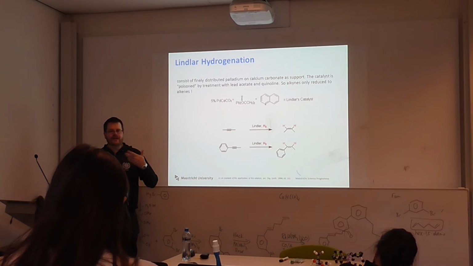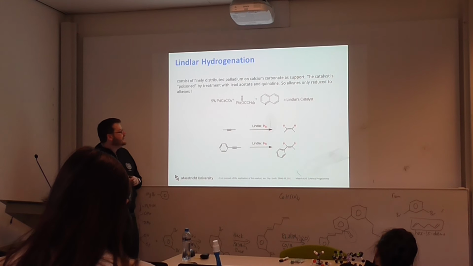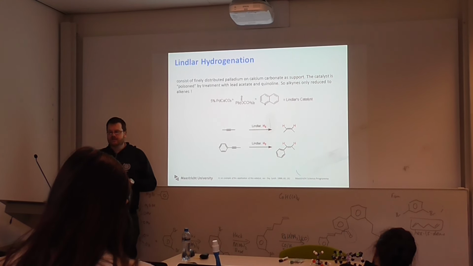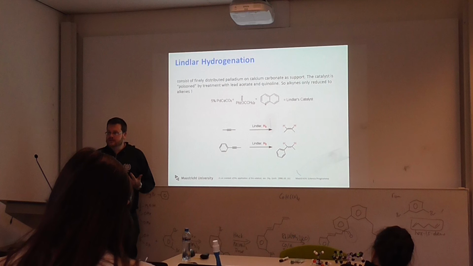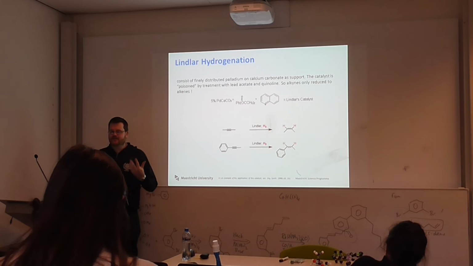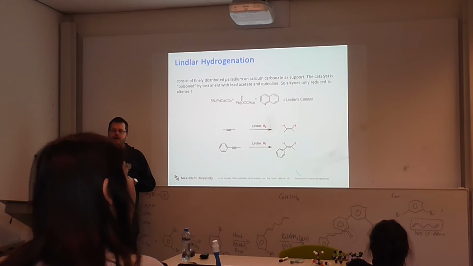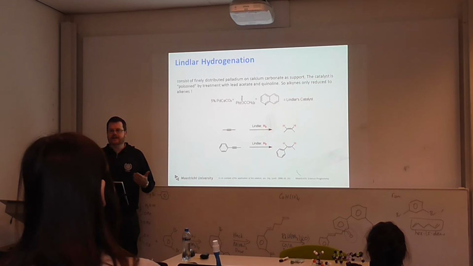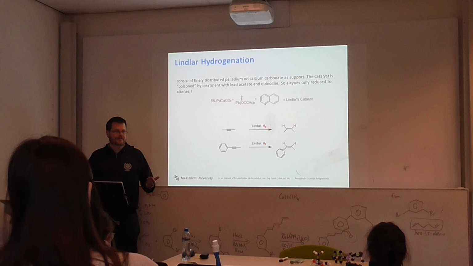This effectively causes some sort of poisoning of the palladium surface to such an extent that it is not as powerful a hydrogenation catalyst. And what you can do with Lindlar hydrogenation, which is heterogeneous catalysis, is, for example, only hydrogenate an alkyne to an alkene.